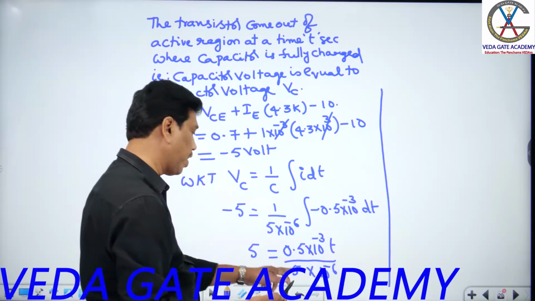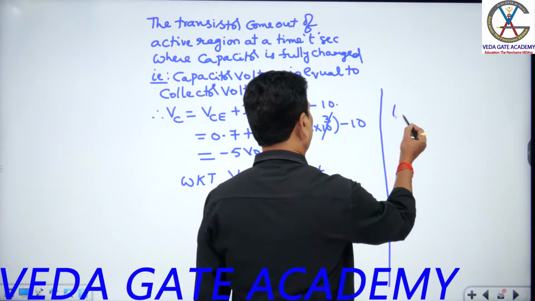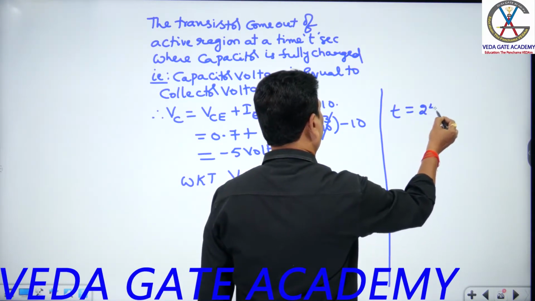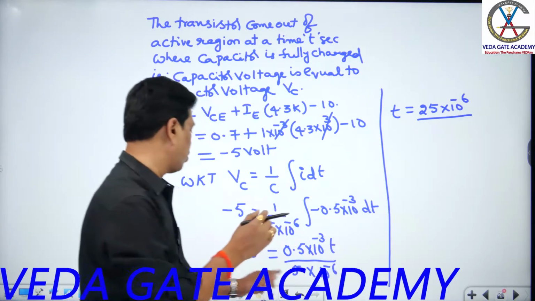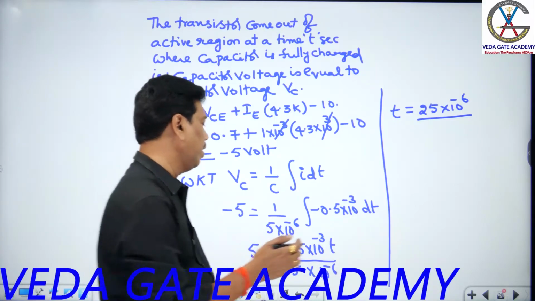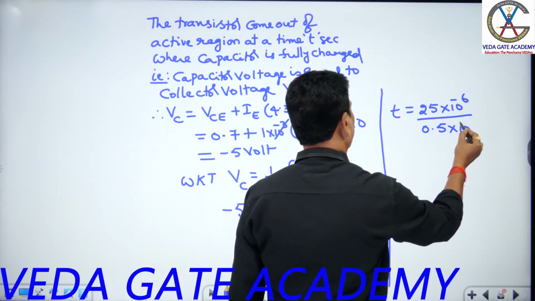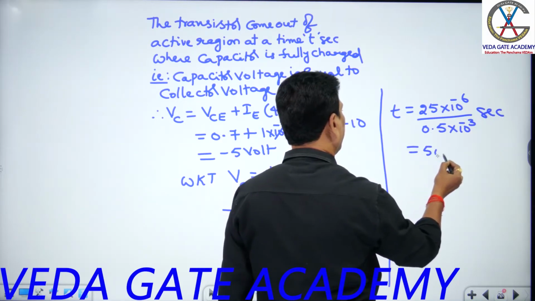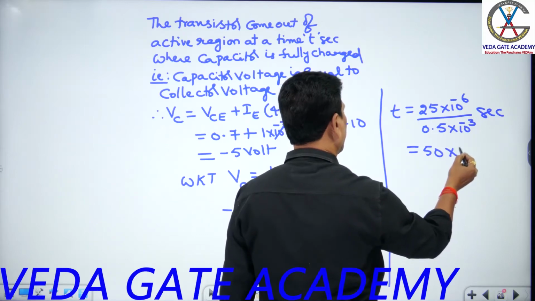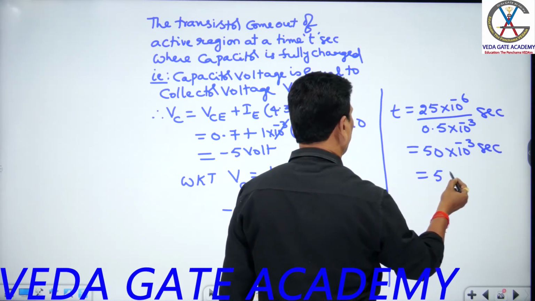Now I can transfer this to the other side: 25 into 10 power minus 6 equals 0.5 into 10 power minus 3 times t. So t equals 25 into 10 power minus 6 divided by 0.5 into 10 power minus 3 seconds. 25 by 0.5 becomes 50, and 10 power minus 3 seconds, so it is 50 milliseconds, students.